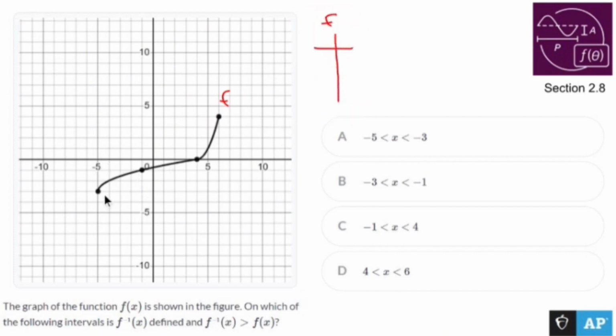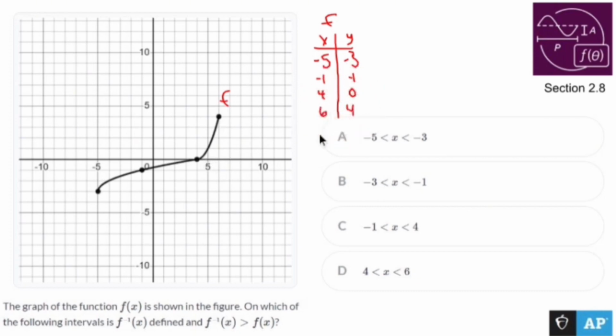So I have negative 5, negative 3. These are xy values. Negative 5, negative 3, that gross-looking 3, negative 3. Negative 1, that's nice. I have 4, 0, that's nice. And then I have, that looks like 6, 4.